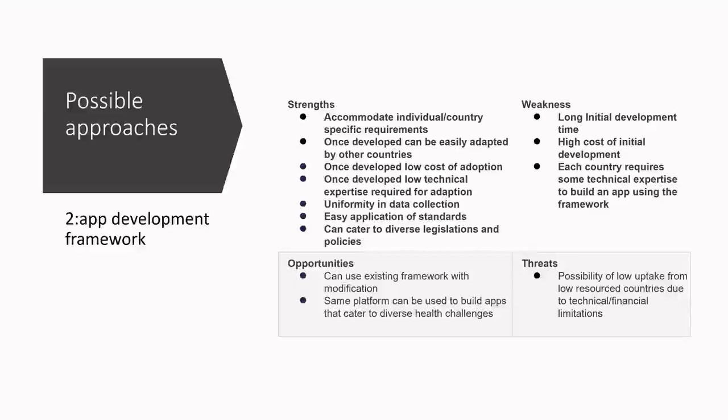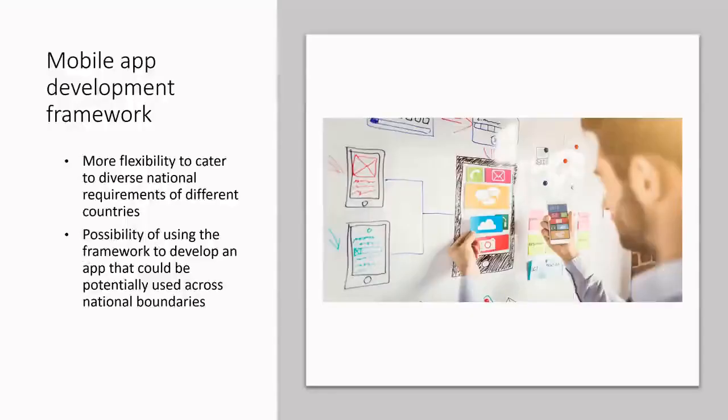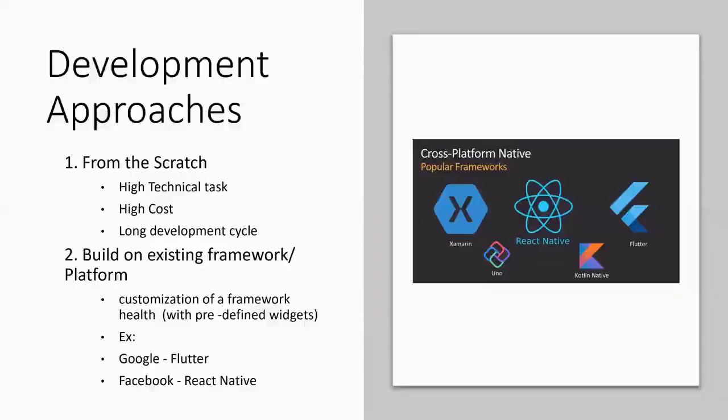Comparing these two options, finally we decided that we will go for developing a mobile app framework rather than a mobile app. Right. So the next question is how we are going to develop the mobile app framework. Again, we can have two approaches.